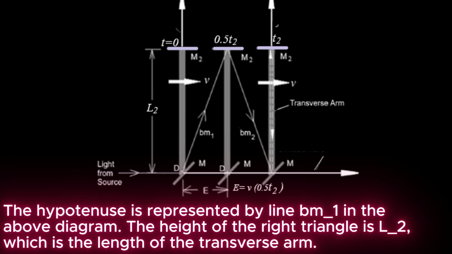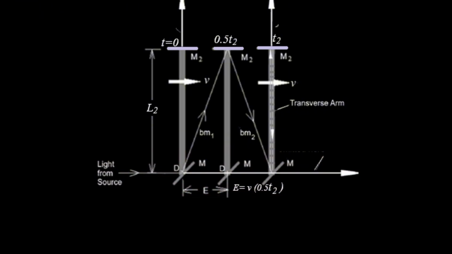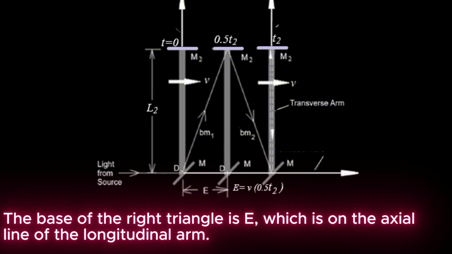The hypotenuse is represented by line BM1 in the above diagram. The height of the right triangle is L2, which is the length of the transverse arm. The base of the right triangle is E, which is on the axial line of the longitudinal arm.